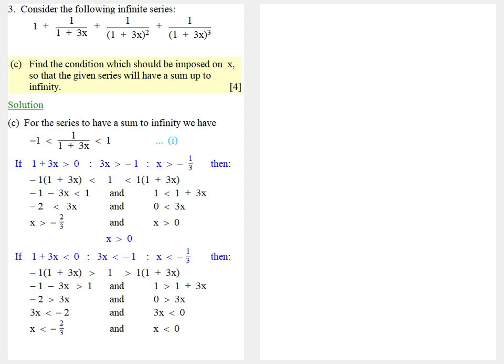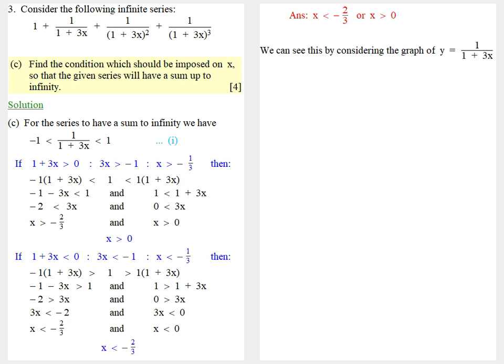So x is less than minus 2/3, and x is less than 0. So there we have three situations: x is less than minus a third, x is less than minus 2/3, and x is less than 0. Well, for them all to be true, x must be less than minus 2/3. So we have, as a final condition, x is less than minus 2/3, or x is greater than 0.